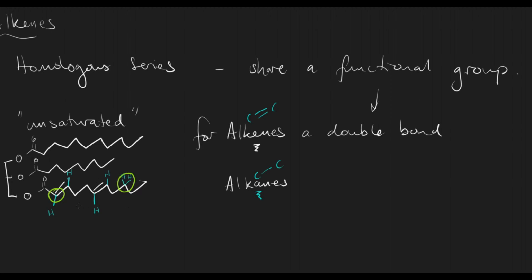Okay, so to maintain its 4 covalent bonds around its centre, unsaturated carbon chains have double bonds in them, and that reduces the number of hydrogens that are bonded. And saturated carbon chains, such as this one at the top, have the maximum number of hydrogens that it's possible for that chain to have. So this top chain is saturated, and this bottom chain is unsaturated.